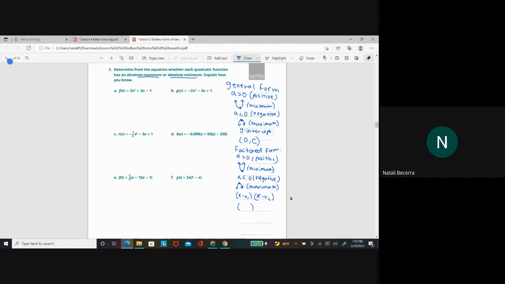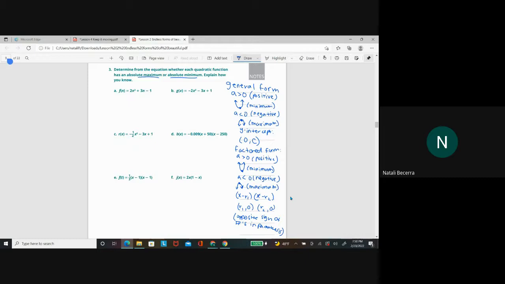Positive r1. So it's going to be (r1, 0). And then for this one, it was a negative r2. So the opposite of negative r2 is going to be positive r2, so (r2, 0). And then just make a little side note: opposite sign of numbers in parentheses.